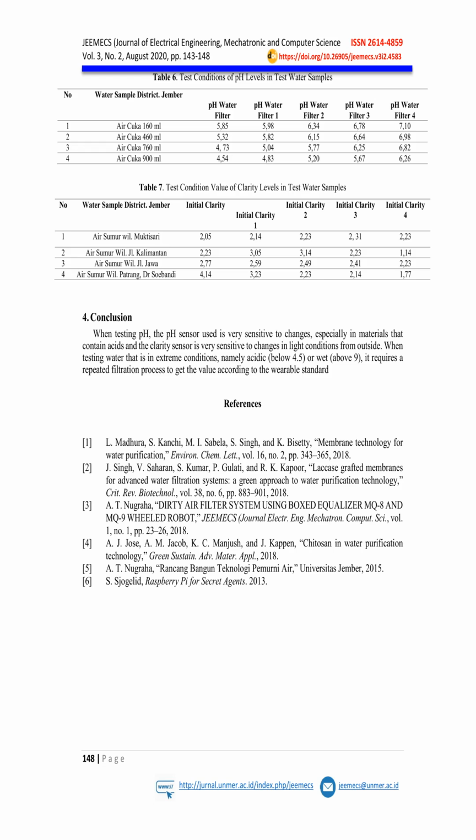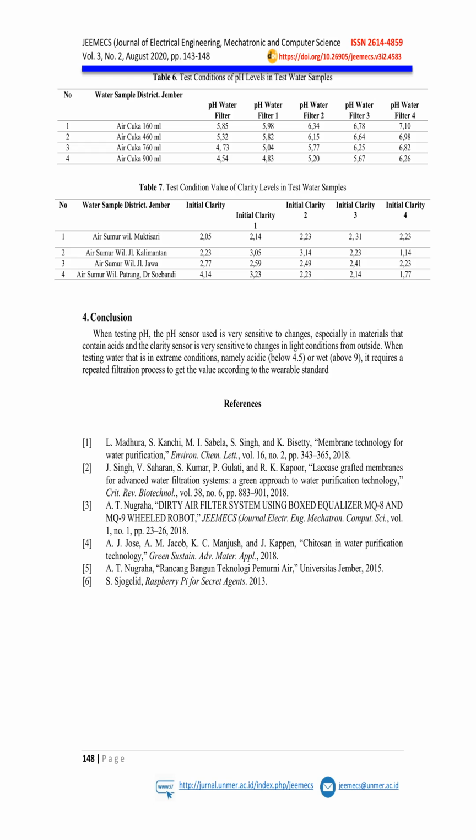Table 7. Test condition value of clarity levels in test water samples. Water sample district, Jember: initial clarity, and clarity after filters 1 through 4. 1. Air Sumur Muktisari: 2.05, 2.14, 2.23, 2.31, 2.23. 2.